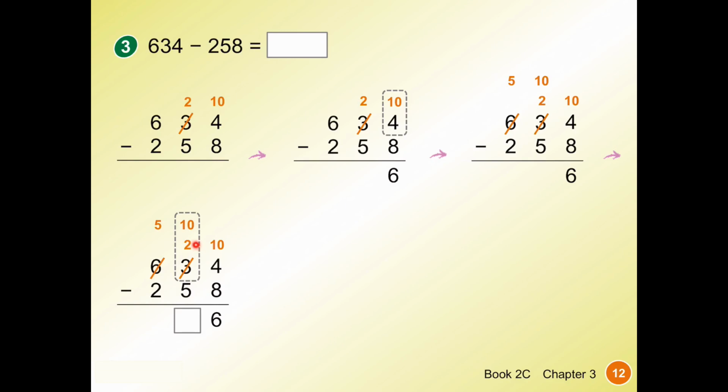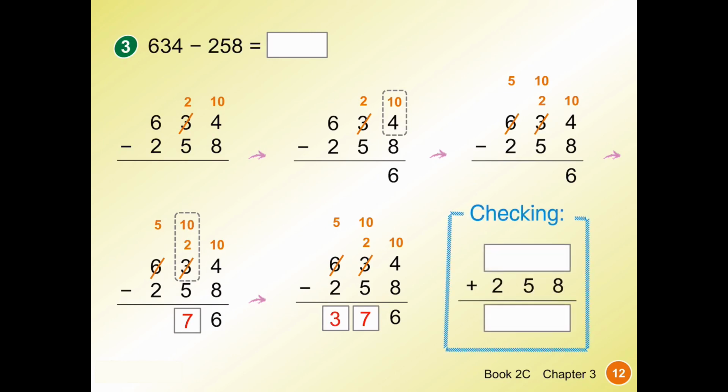So 10 plus 2, 12, minus 5, we have 7. And for the hundreds column, we're only left with a 5. 5 minus 2, we have 3. And we can always check our work. So the answer will be 376.